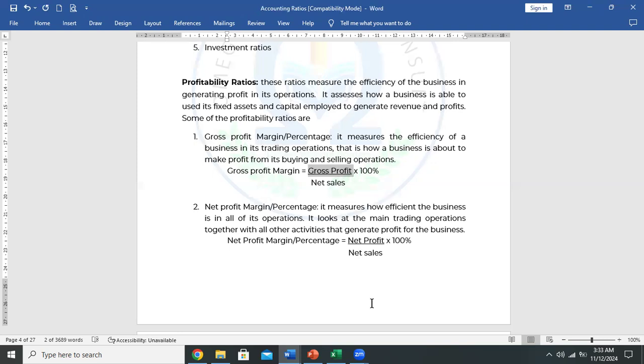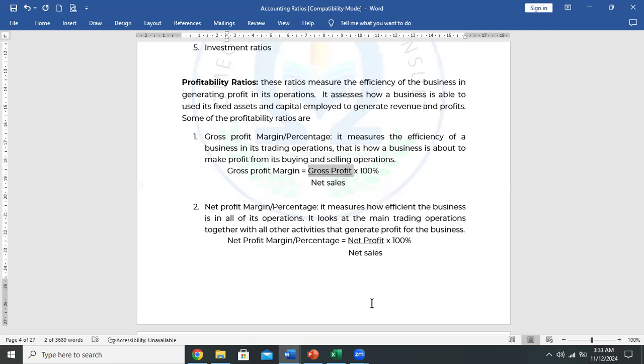The second one is net profit margin or percentage. Now the net profit percentage ratio is looking at, again, how efficient the business is in generating profit, this time not only from the trading activities, but from all of its operations.